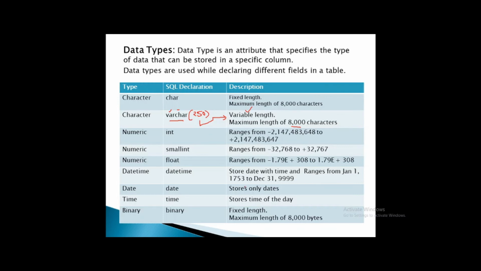Now the next thing is date and time. So what is date and time? If you want to enter date and time about a specific thing, then you can define it as date time. If you are defining date time, then it is going to take both date and time. But if you want to explicitly define either date or time, then you can use date or time. Okay.